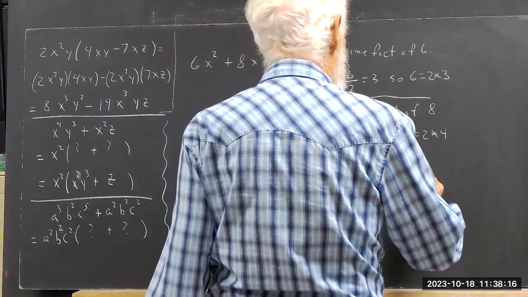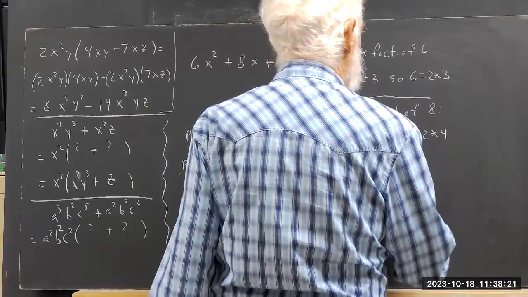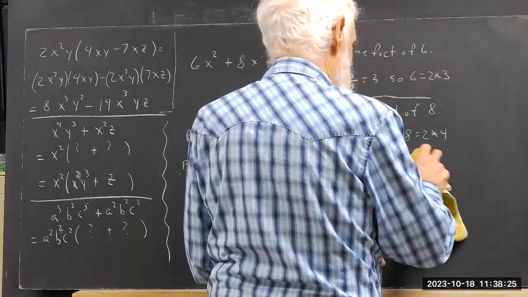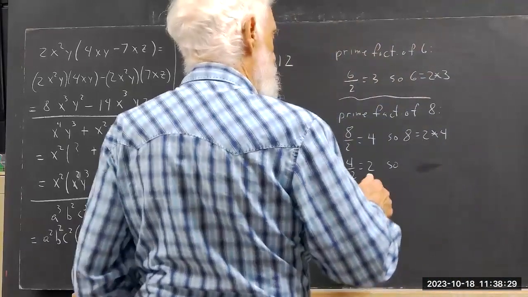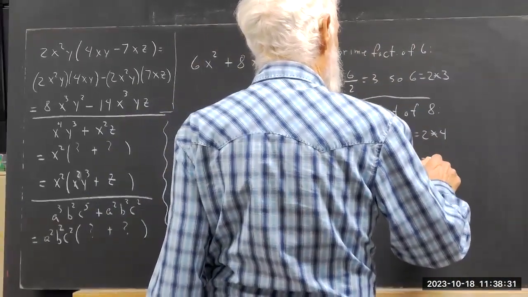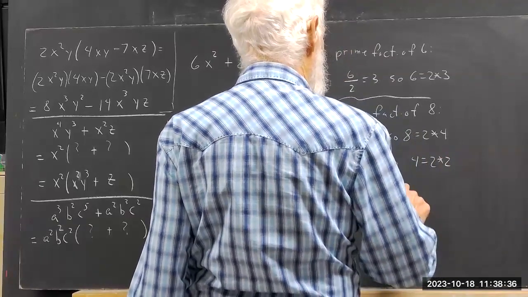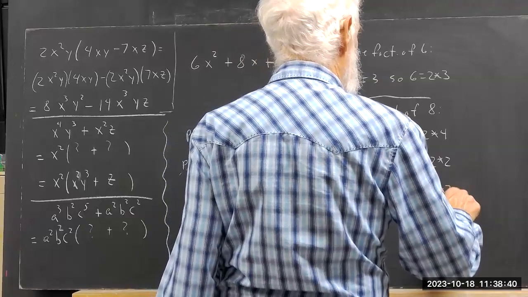I need to write an extra step here. I'm kind of used to skipping, but we need to do this. So 4 equals 2 times 2. So 8 equals 2 times 2 times 2.